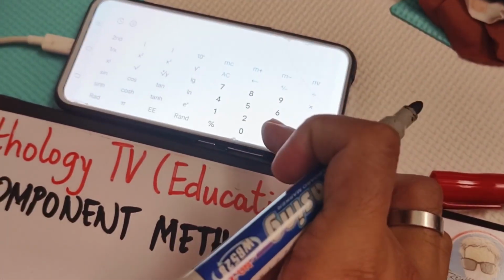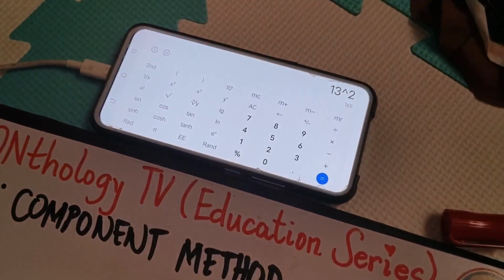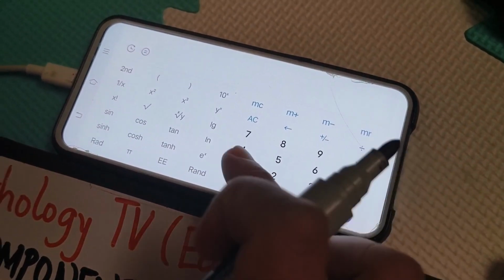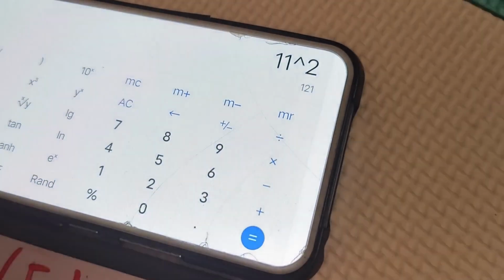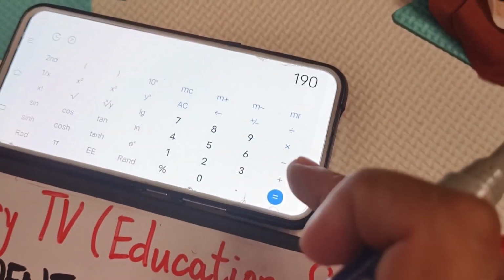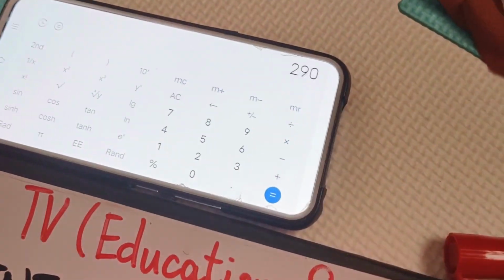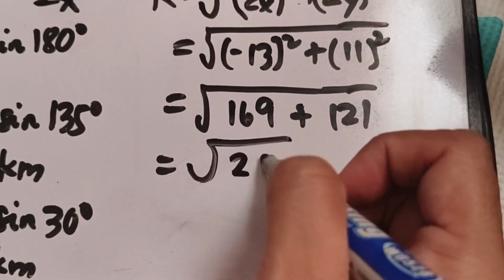Double check na lang din natin siguro para hindi tayo magkamali. 13 squared is 169. Next, 11 squared is 121. Sum of that is 121 plus 169, 290. So we have square root of 290.